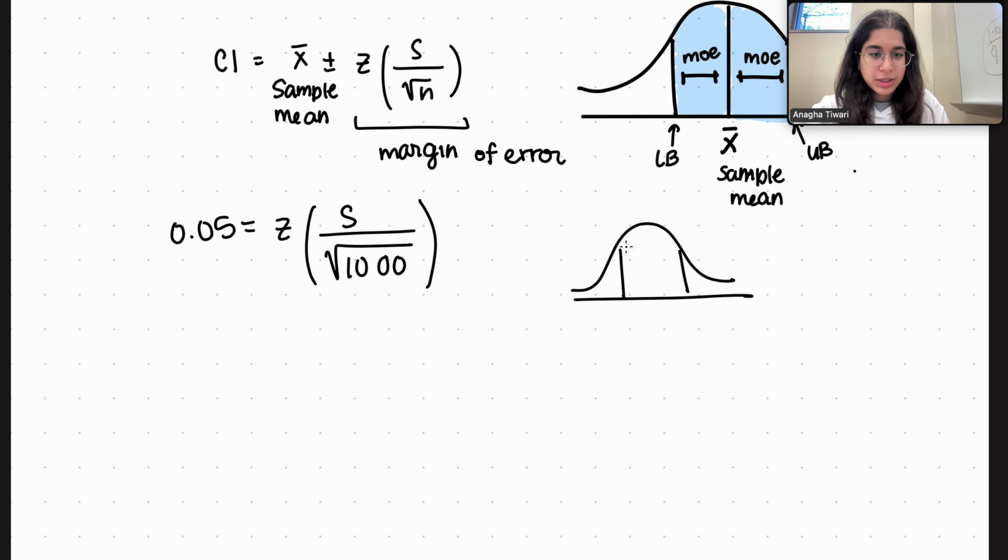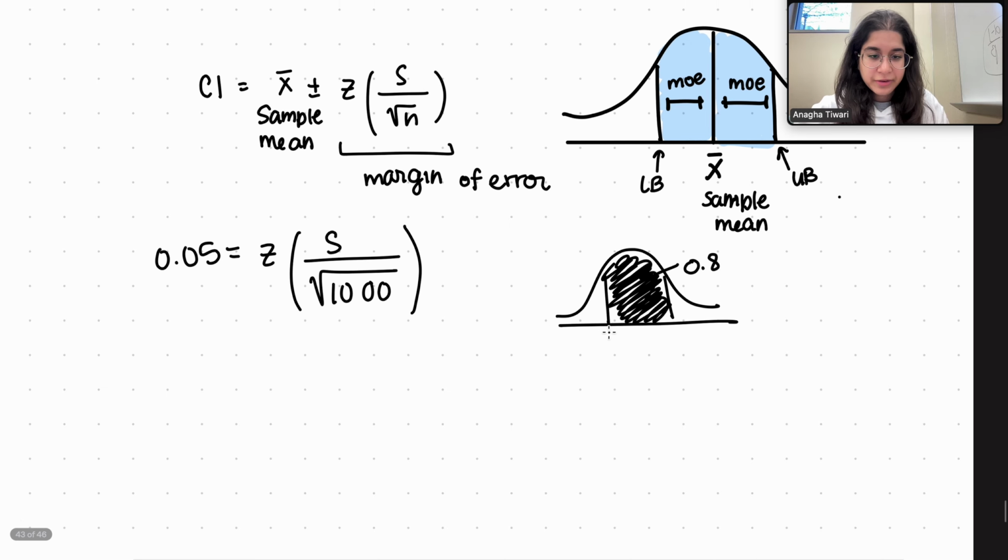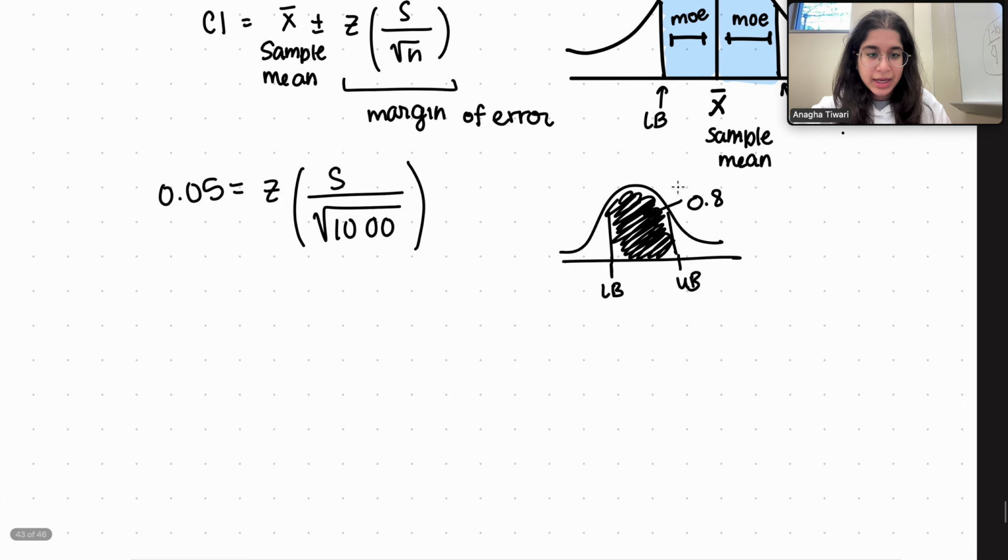So what does this mean? This means that my center area of the bell curve will be 80%, because I want an 80% confidence level. So I know that my lower bound and upper bound capture 80% of my entire bell curve from the center. So this means that I want to find the upper z-score over here.